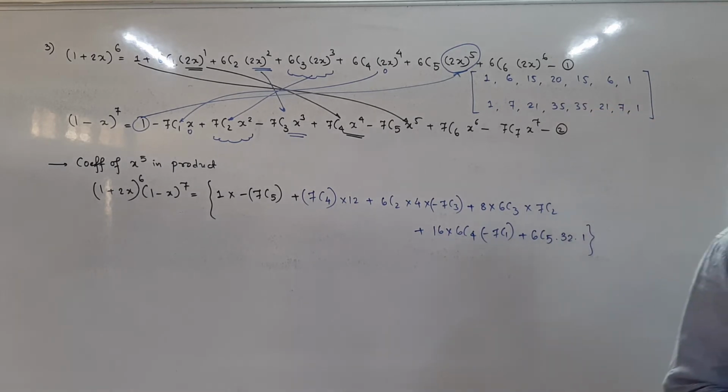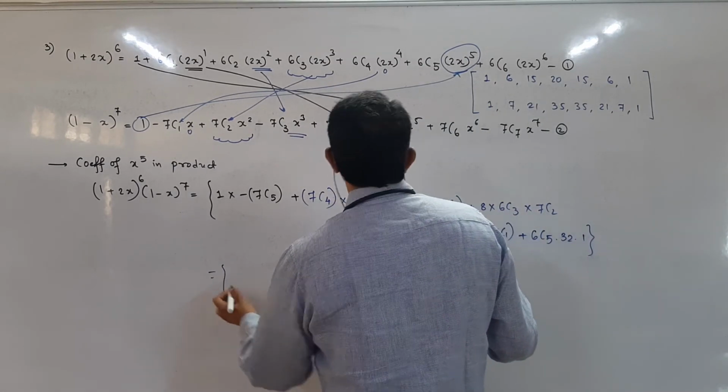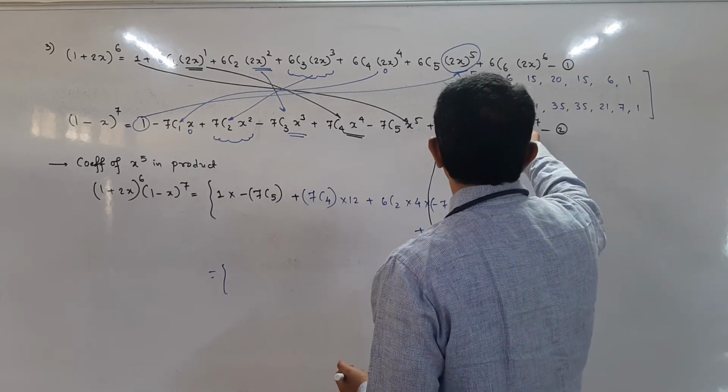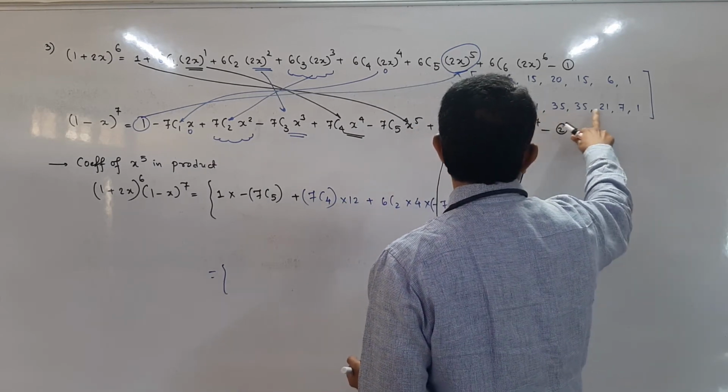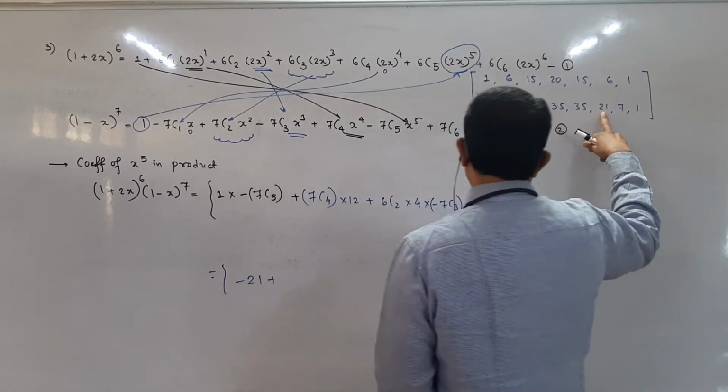You can easily use your Pascal triangle to get binomial coefficients for powers 6 and 7. Now, 1 into minus of 7c5, counting 7c0, 1, 2, 3, 4 and 5, so this is minus 21 plus.